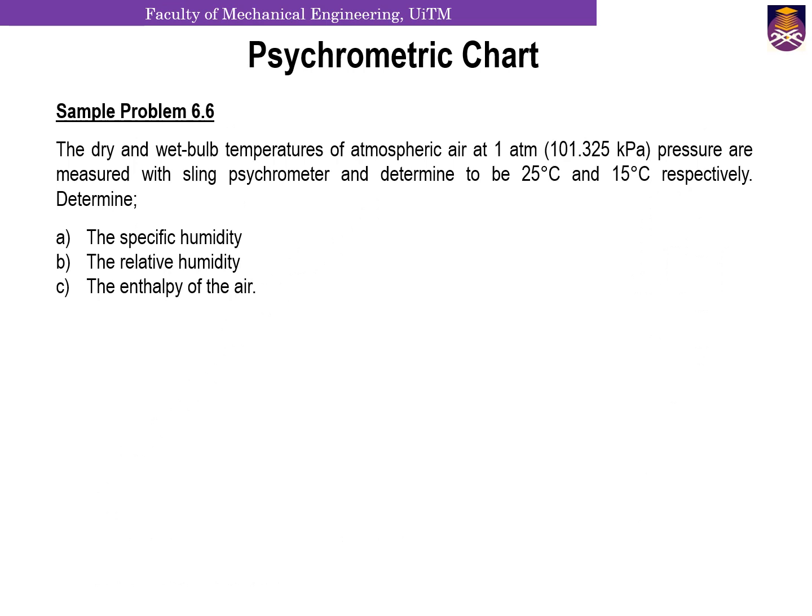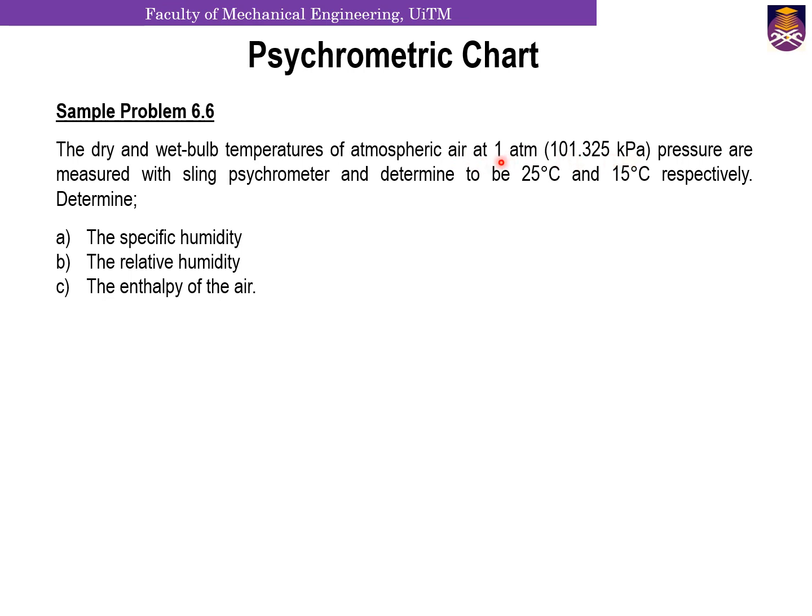So now let's look at this question, on how to use the psychrometric chart. We will learn how to use it based on this question. You have dry and wet bulb temperature of atmospheric air at 1 atm. This is very important.